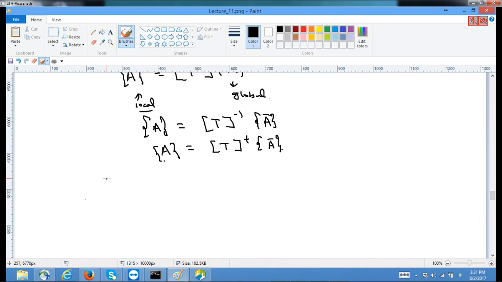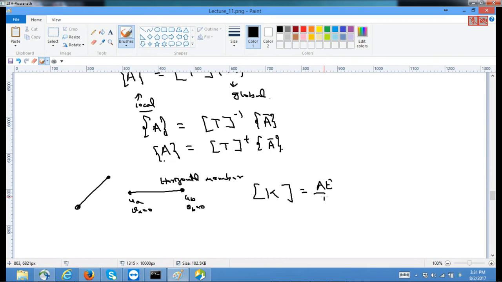So for a bar that has inclined members compared to this one. This one has UA, this is UB, and VA equals 0, VB equals 0. This is a horizontal member. For a horizontal member, my K stiffness matrix is given by AE by L times [1, 0, -1, 0; 0, 0, 0, 0; -1, 0, 1, 0; 0, 0, 0, 0].